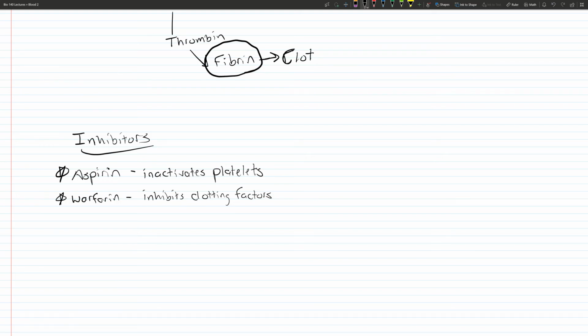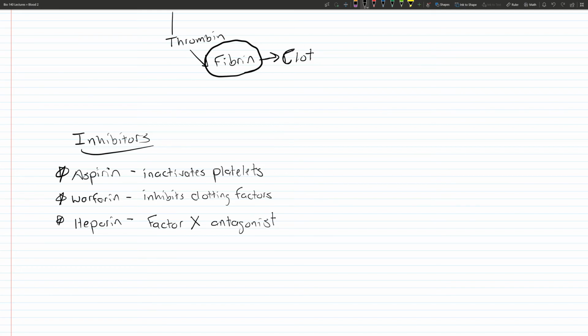Another one that you've seen is heparin. This is a factor 10 antagonist, which means it prevents factor 10 from working. If you prevent factor 10 from working, you can't make new clots.